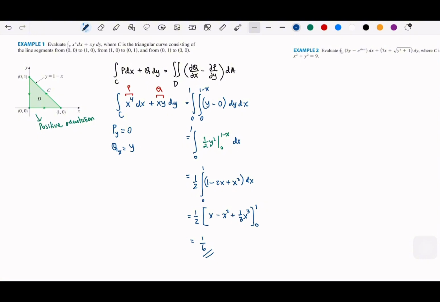Another way is we can just use the line integral as usual. So we can use C1, C2, C3, and basically we can write the integrations.